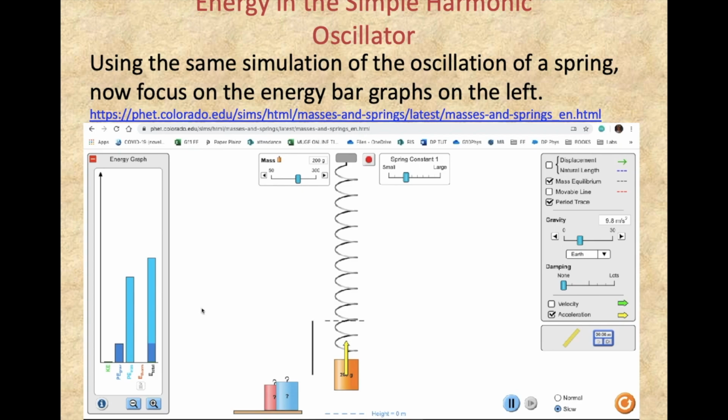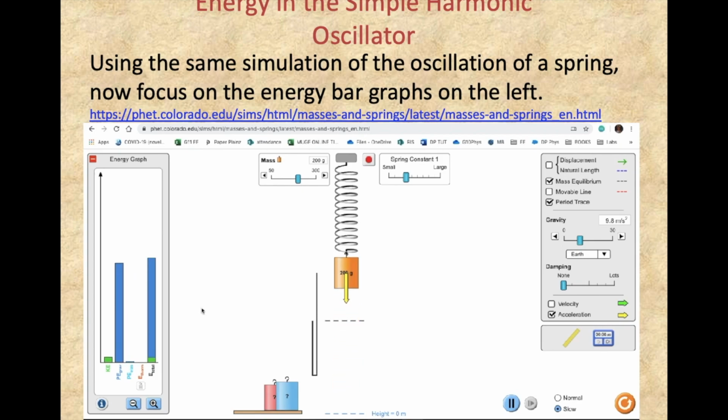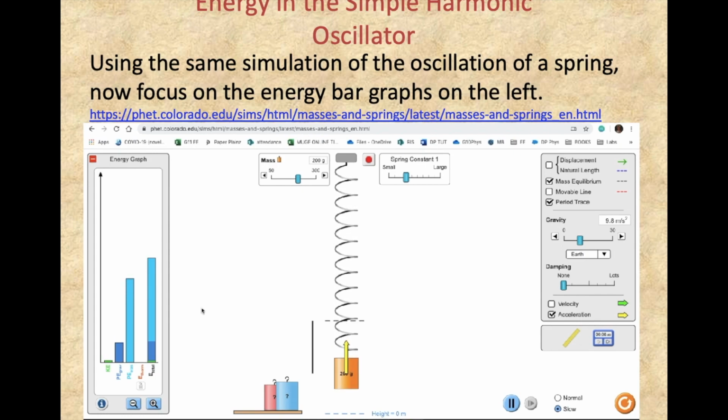Now it's on its way back. Maximum, 0 kinetic energy. Maximum, 0 kinetic energy. And you see that when it is at 0 kinetic energy, it's at maximum elastic potential energy.